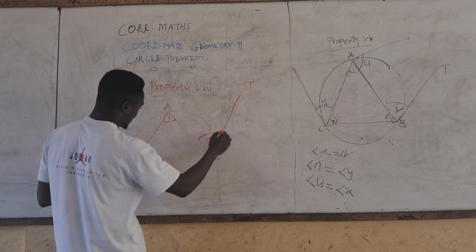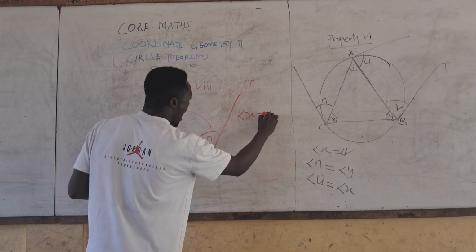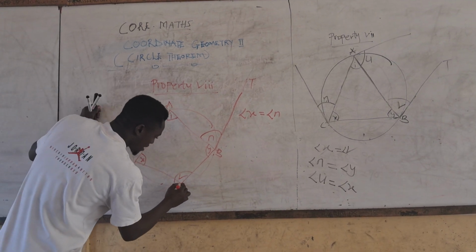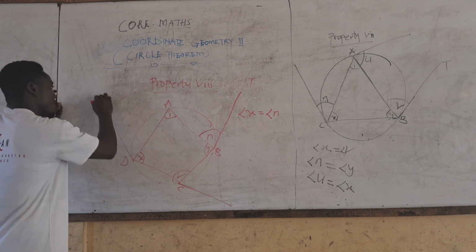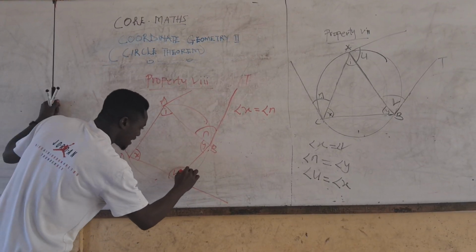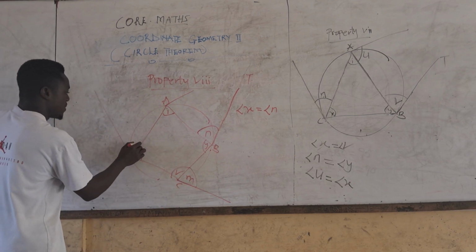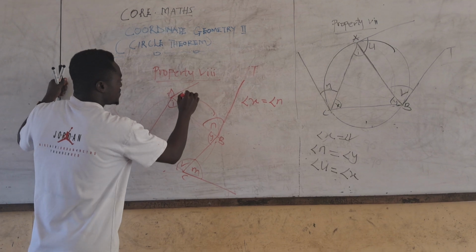Therefore, the angle X here is equal to the angle N. Let us assume we have another exterior angle here, and another one here. So this one is, let's say, M, this one P, and this one will be maybe Z.